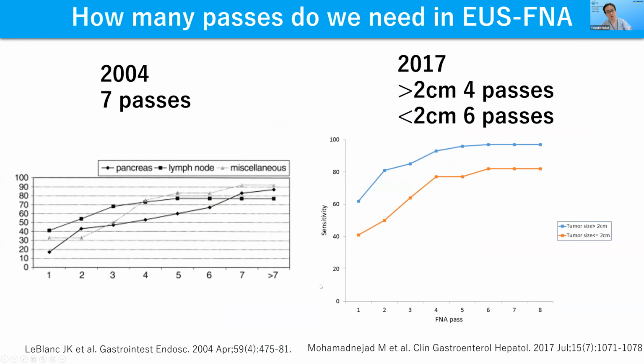And how many passes do we perform? In the past, we needed to perform 7 passes. It was reported in 2004, because the needle was not as good as right now. And more recently, if the lesion is more than 2 cm, we need 4 passes. If it's smaller, then we need 6 passes.